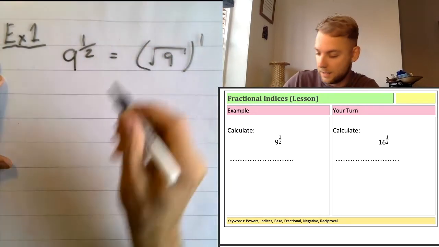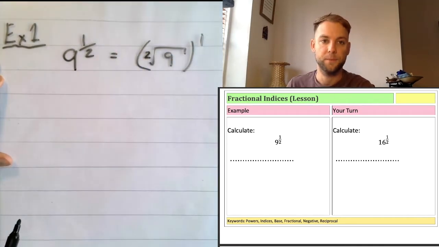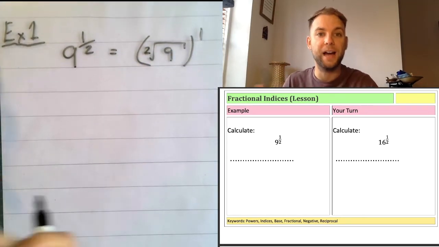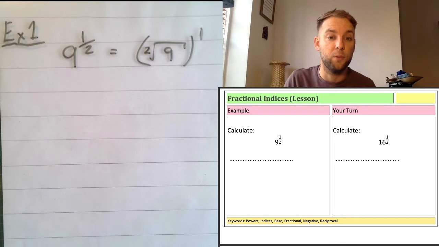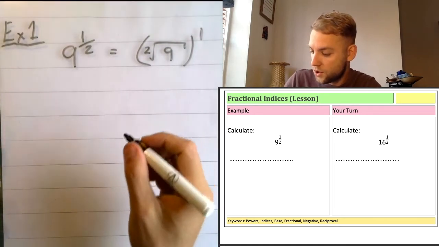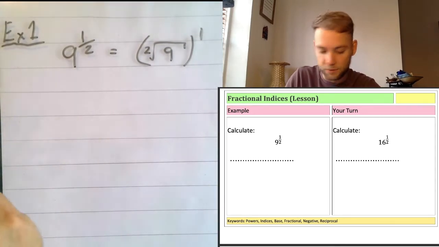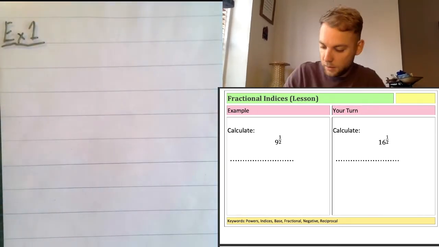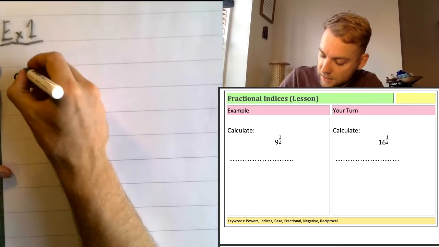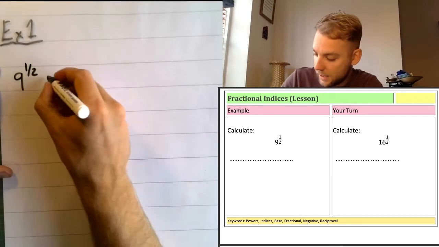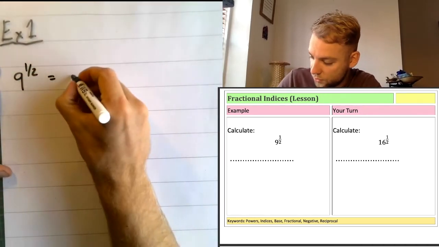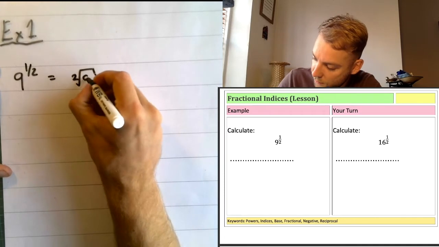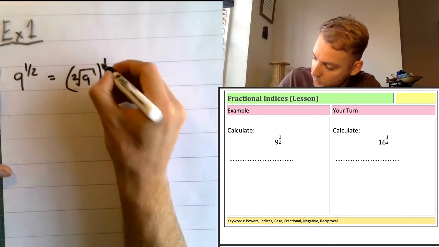You could leave that, but I'm going to put it in this time. So, 9 to the power of a half is equal to, the bottom is the root, so the square root of 9 all to the power of 1.